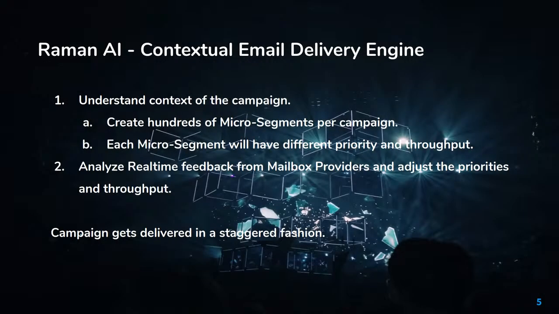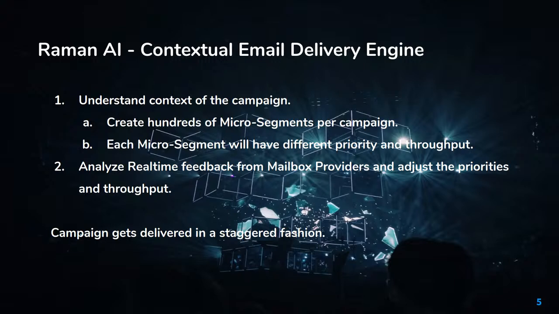Enter Raman, our AI engine that sits at the center of all our AI-driven technologies. So we have leveraged Raman's existing tech stack and built a contextual email engine just before the MTA. Right, this engine just sits before the MTA and does the following. It understands the context of the campaign.